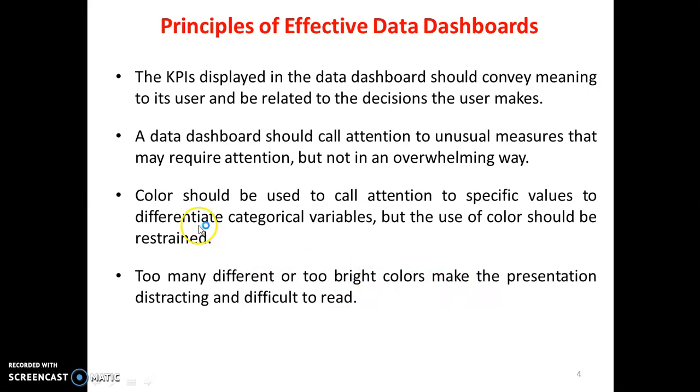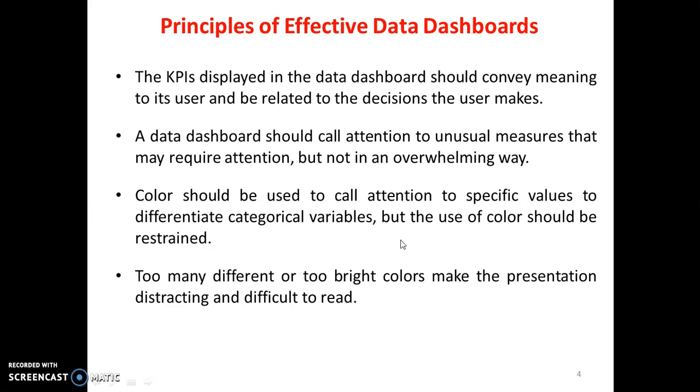You can use colors to call attention to specific values or to differentiate categorical variables, but the use of colors should be restrained. Of course, we can have multiple measures, and for each measure you can have different colors, but the colors must be restrained. We have to decide which color to use for which type of measure.